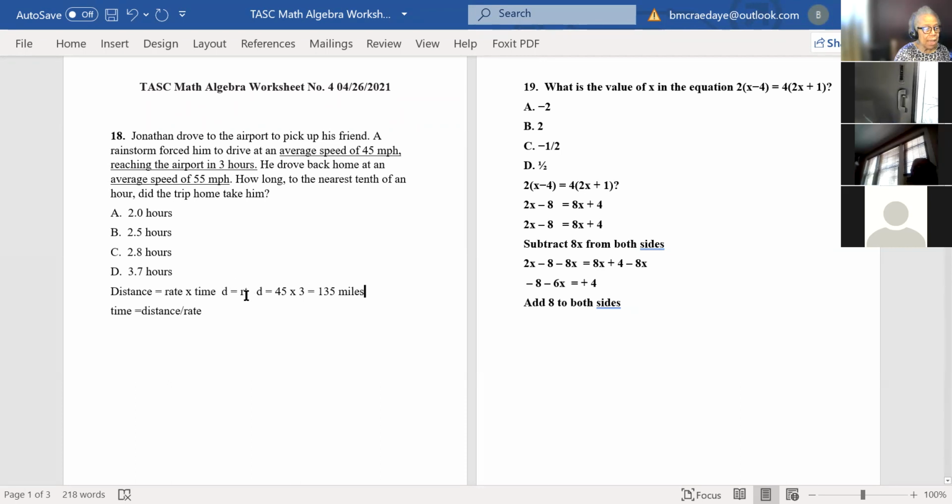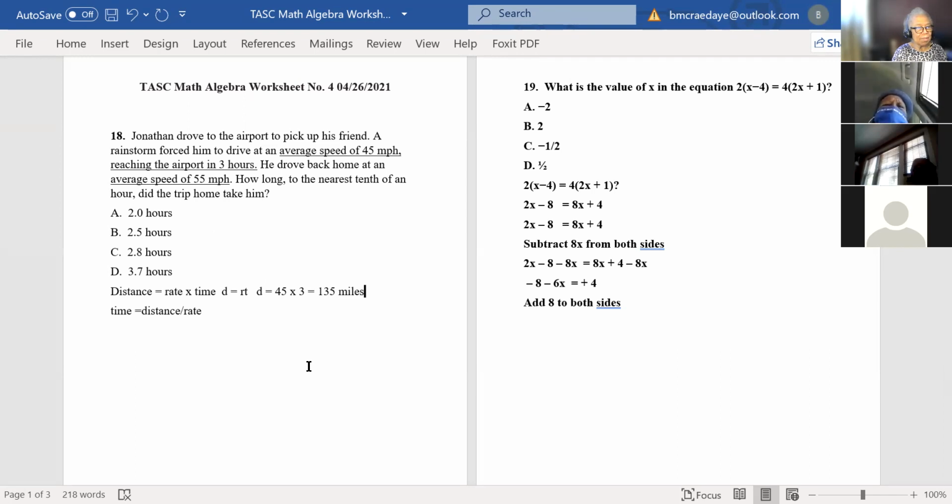Distance is rate times the time. Rate, that's the speed. When you're traveling in an automobile, that's miles per hour, mph. So we can calculate the distance going to the airport because we know the rate and we know the time. D equals R times T, 45 times 3. Multiply that out, your distance is 135 miles. Any questions on finding the distance?